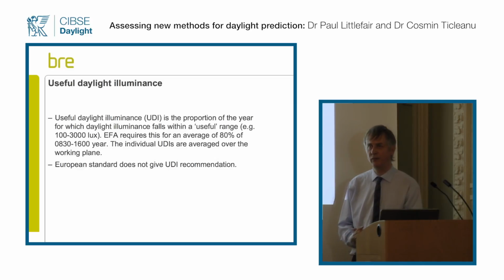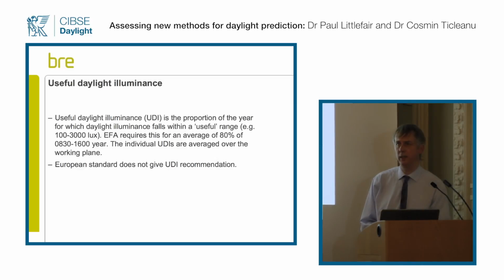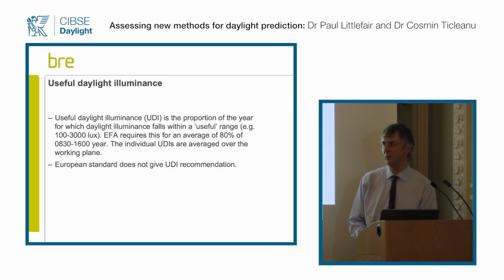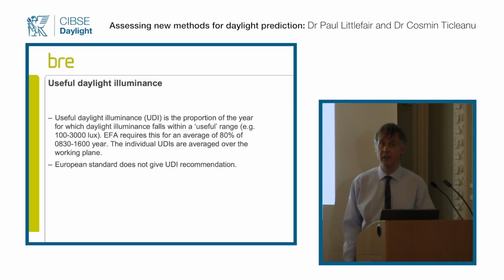Yeah, and I think they've moved on in drafting it. So the latest one I've seen, which was sort of early 2015, included the daylight autonomy. I don't know if they actually call it daylight autonomy or whether they just say it's got to exceed this value for a particular fraction of the year. But effectively, it is a daylight autonomy.